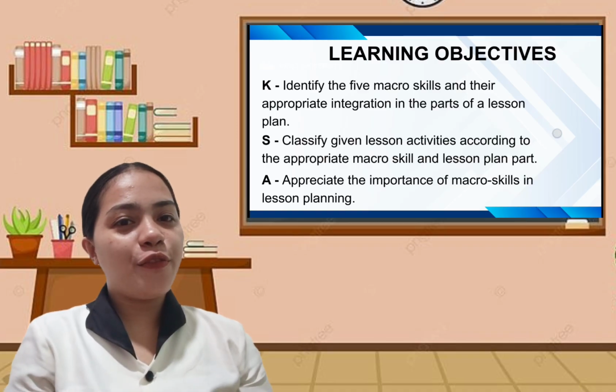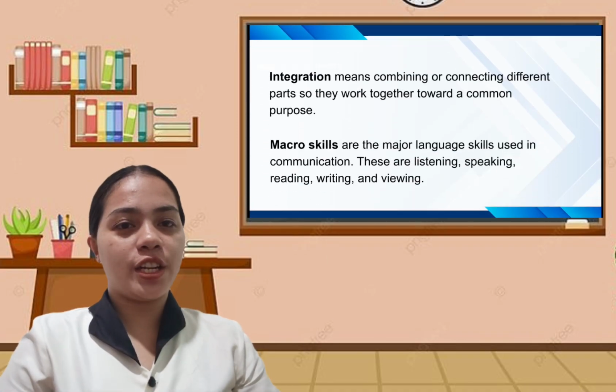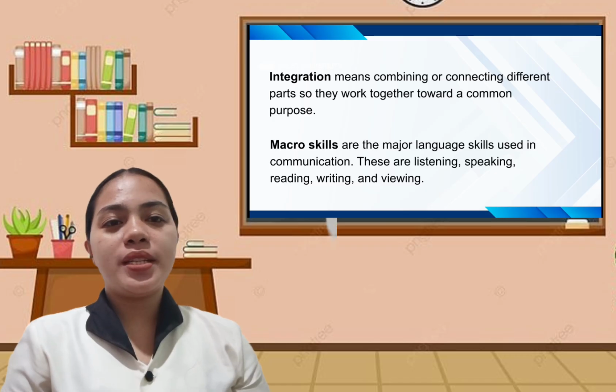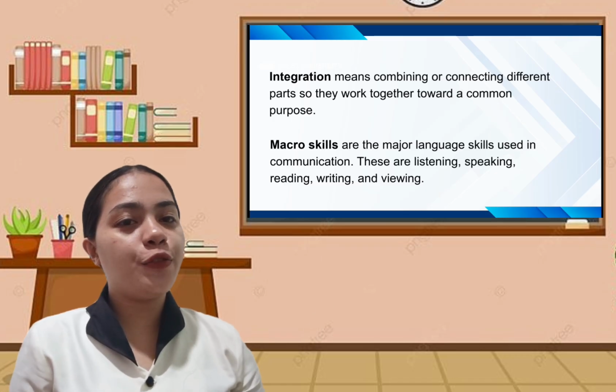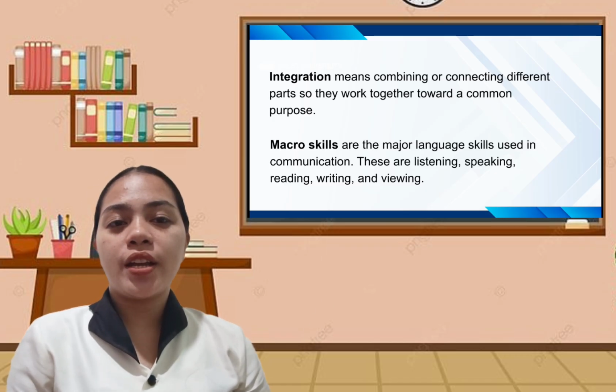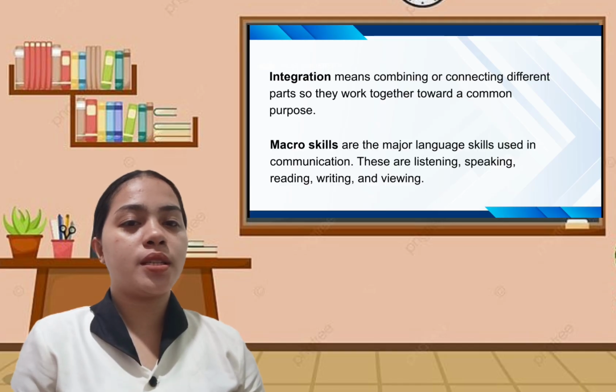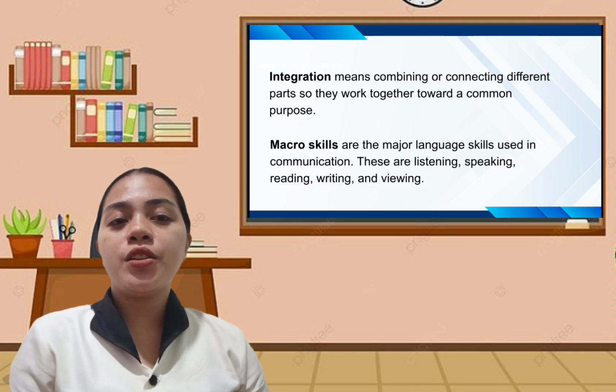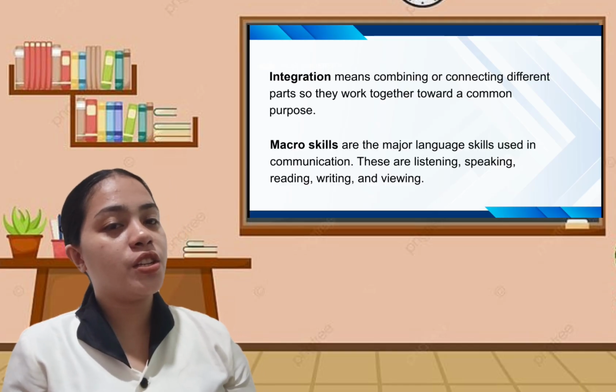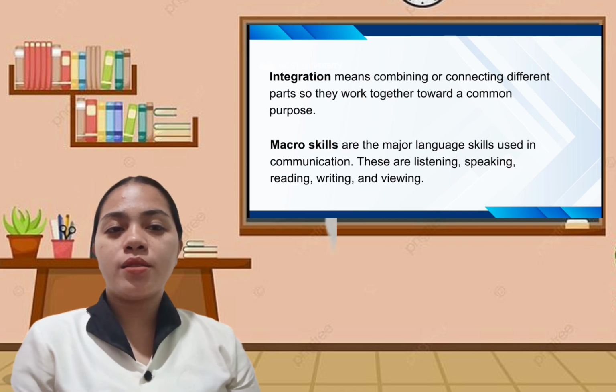Now, let us define first what is integration. Integration means combining or connecting different parts so they work together toward a common purpose. It means putting different things together so they work as one.